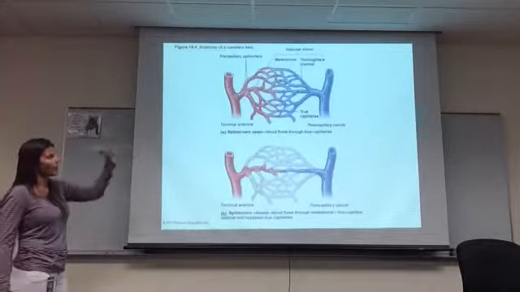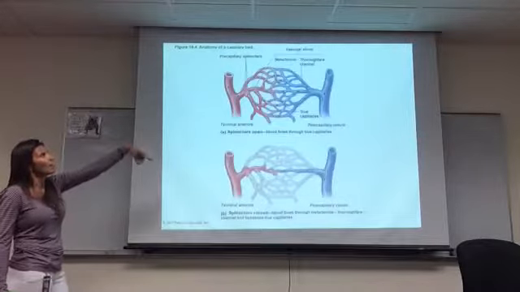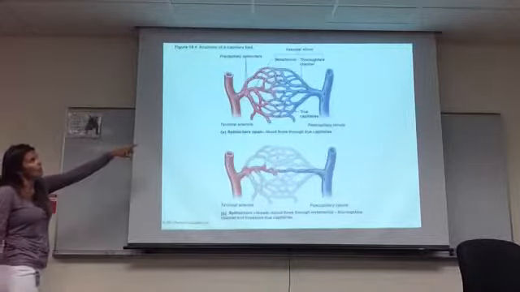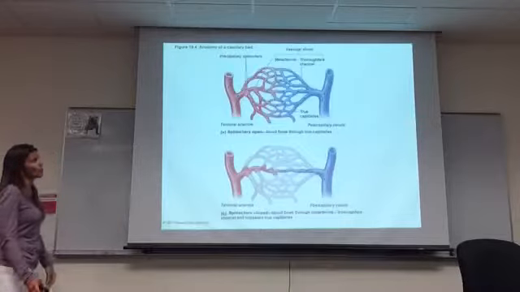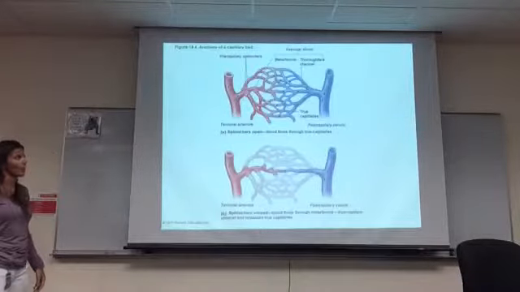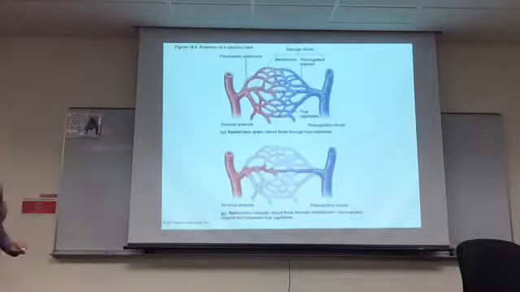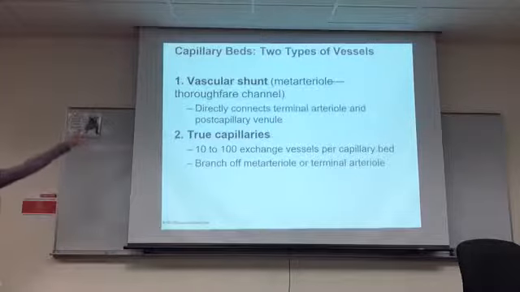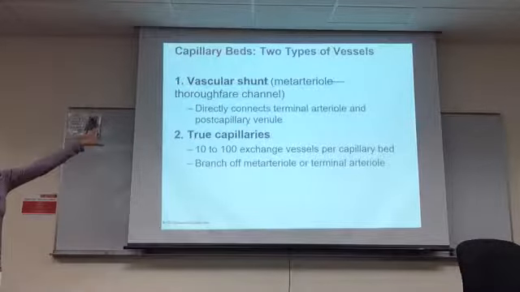So the previous slides are going to talk about the terms true capillaries, so you can see, and I'll come back to this to show you, but a true capillary makes direct attachment. So these are what we reference as capillary beds, and the blood flow, the perfusion, determines whether or not those sphincters are open and shut. A vascular shunt is those sphincters that I was referencing.